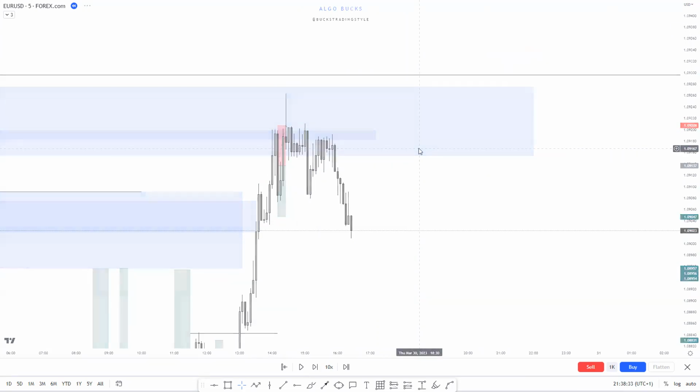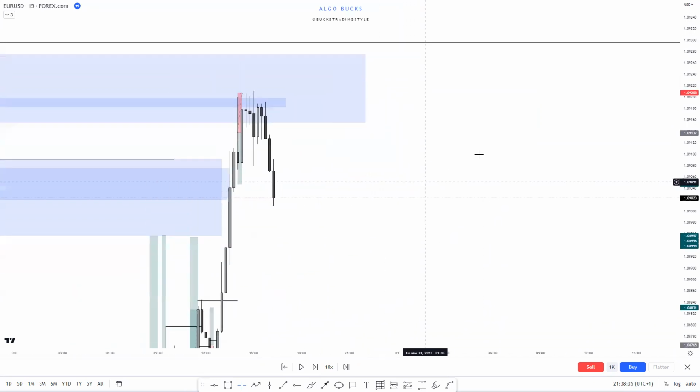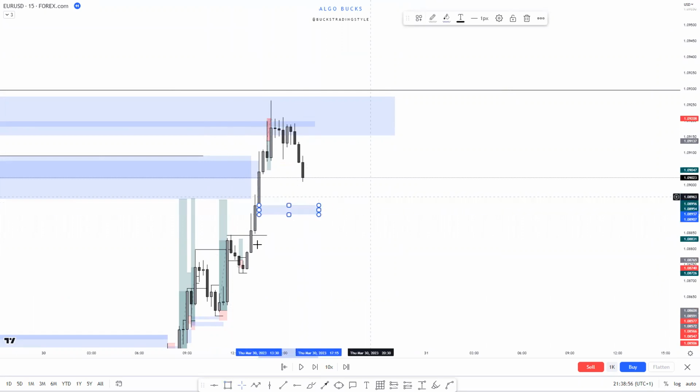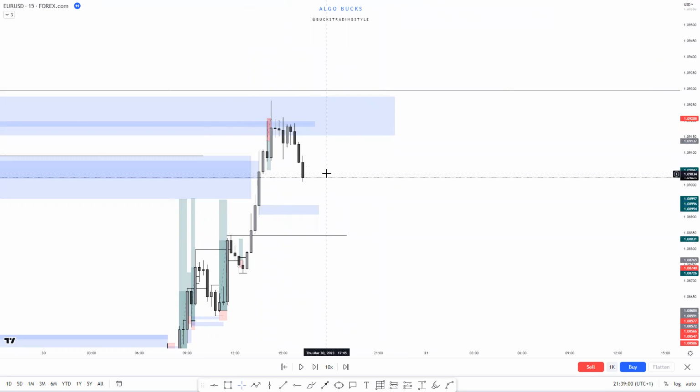Then we go on 15 minutes. On the 15 minutes time frame, price took out, gave a fake BOS and inducement. The price could be reacting from this POI, or price could be coming into the 15 minutes EPA right there. So the points you'll be looking to buy from could be from this wick right here, or when price mitigates this EPA based on the 15 minutes IOQ.